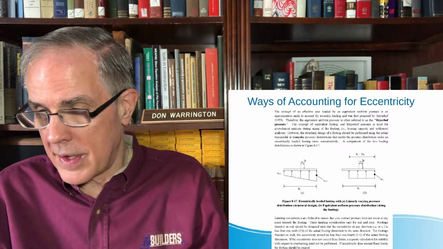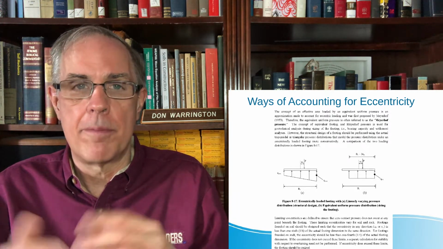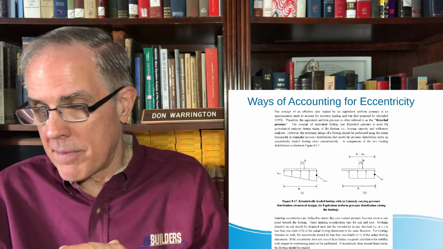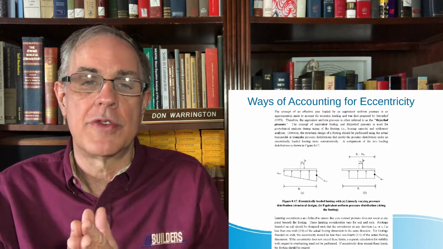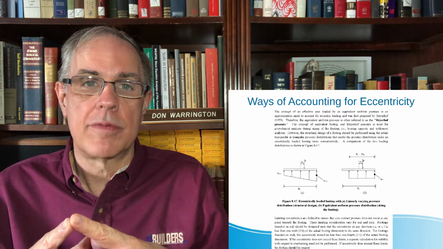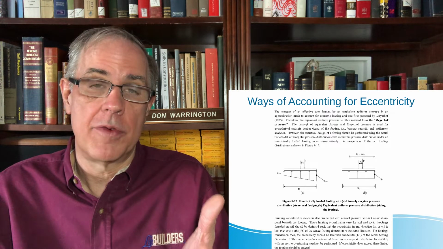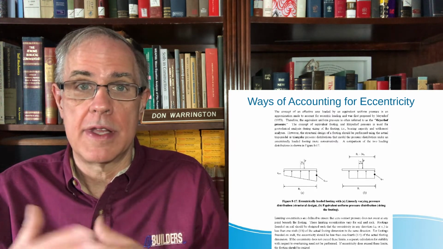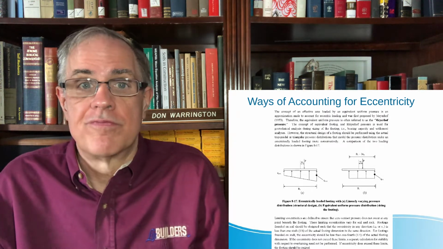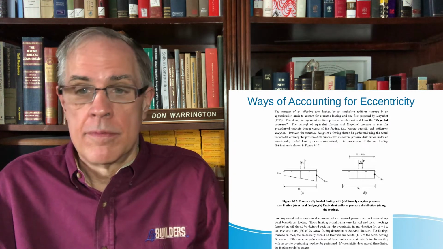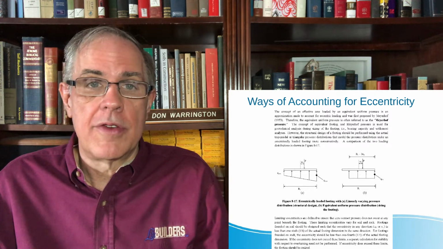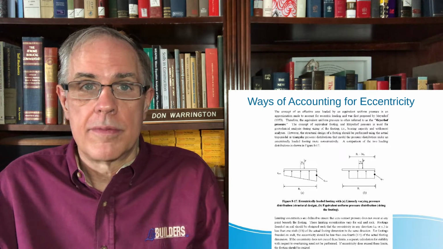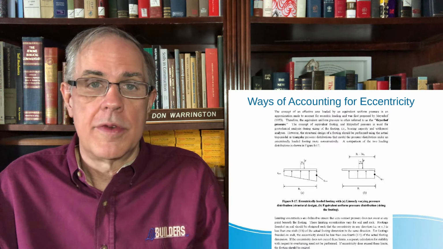The new B, B sub F, is equal to the full B minus 2 times the eccentricity in the B direction, E sub B, and L sub F, the reduced length, is equal to L minus 2 times the eccentricity in the L direction, E sub L. So you get a reduced foundation. Once you get a reduced foundation, you can use that to analyze your geotechnical failure or to design against it.